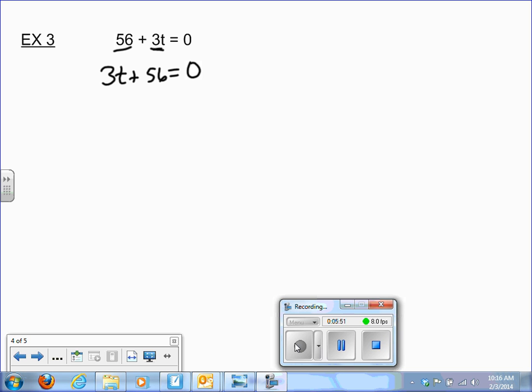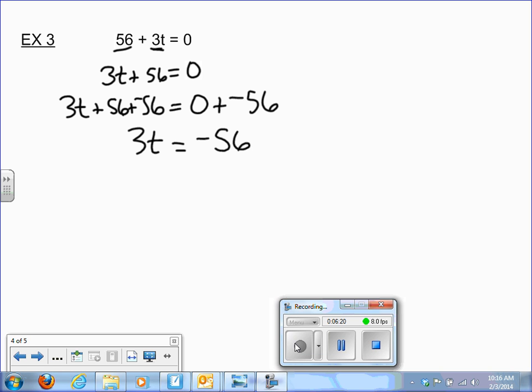What's our next line going to be with addition only? Ryan: 3t plus 56 plus negative 56 equals 0 plus negative 56. Good. What am I left with after I do all that addition? Christian: 3t equals 9.